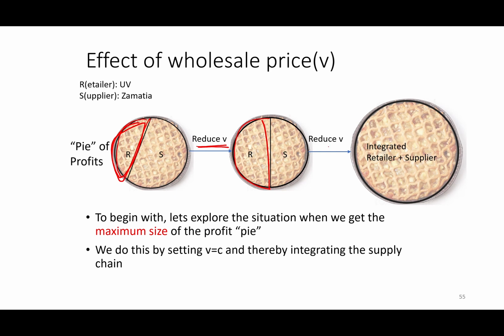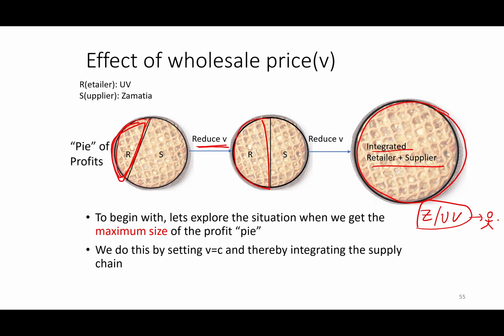And then if you reduce it even further, the entire pie of profit increases. So as a whole, the supply chain is making a higher profit than before. And the maximum profit pie is when the retailer and the supplier are integrated, or Zematia and UV are acting together as a single entity.